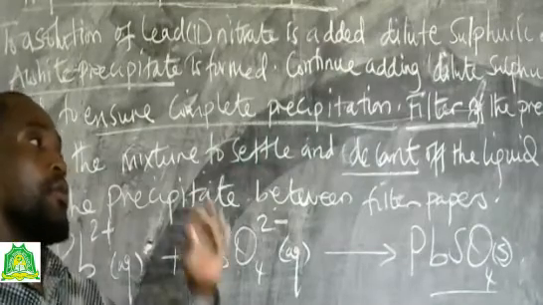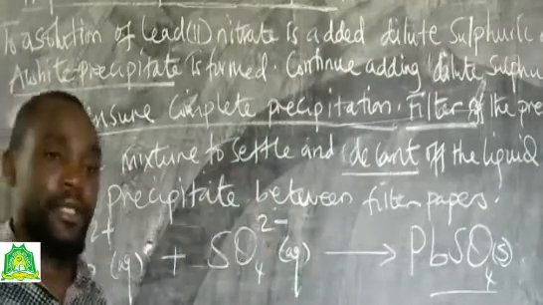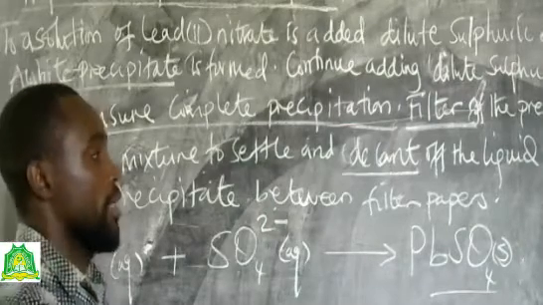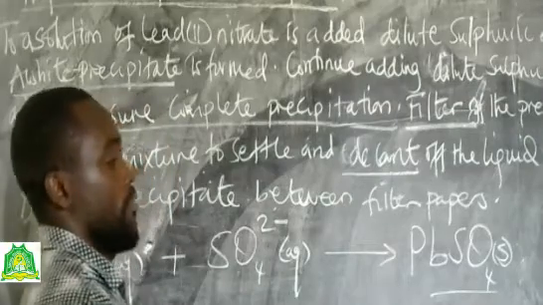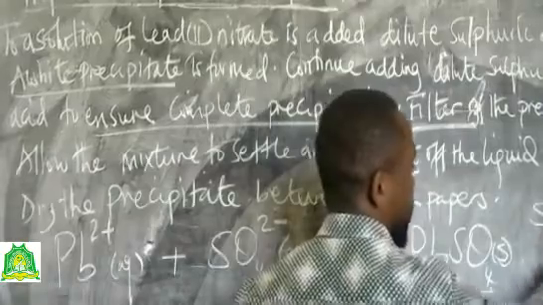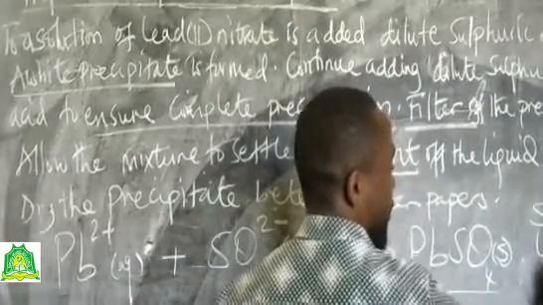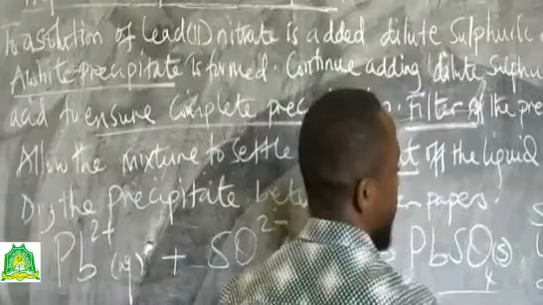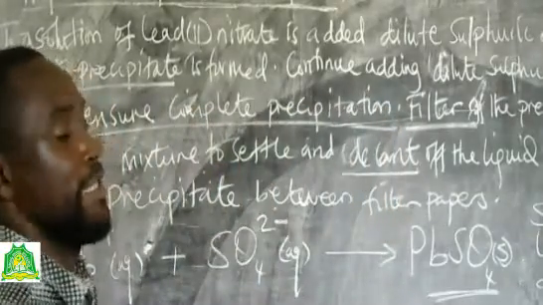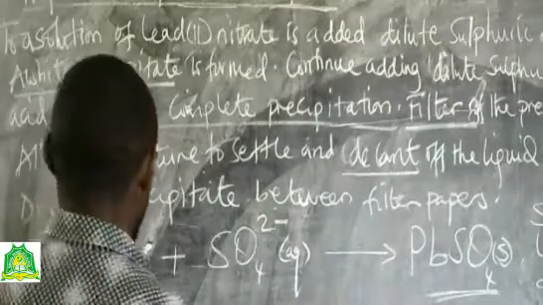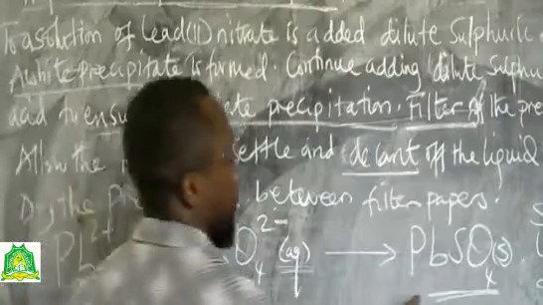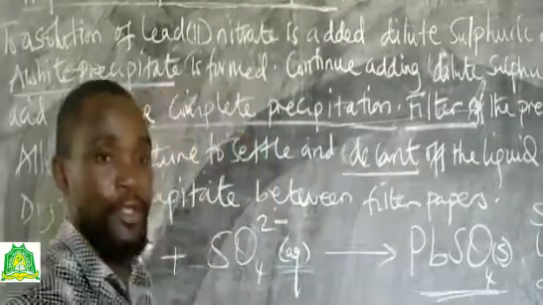Don't write any equations for the solutions. For solutions, we must follow the states of matter: solid, liquid, and then gas. Why do we call it a precipitate? Because it's obtained as a solid product after mixing two aqueous solutions. So that solid product is said to be a precipitate.